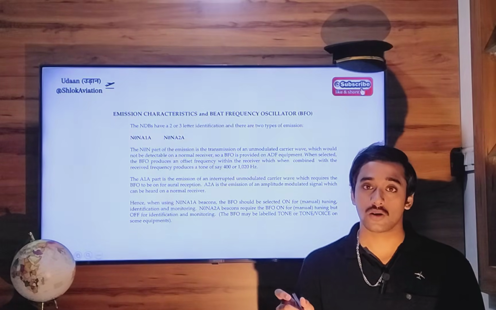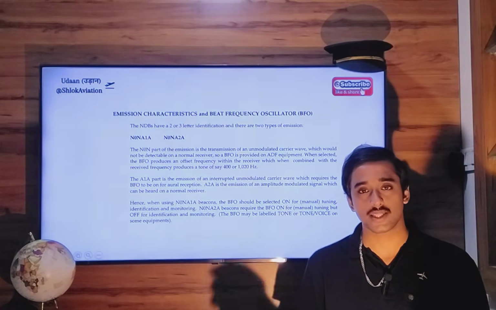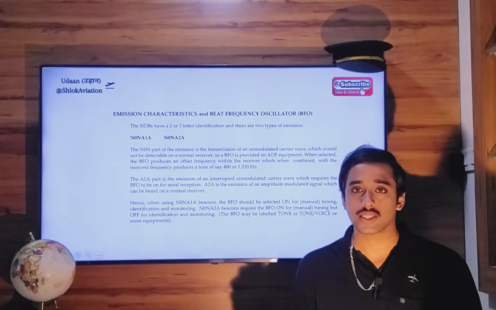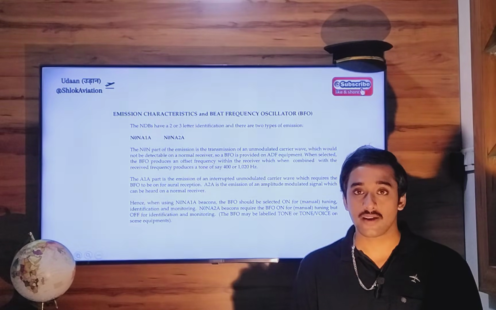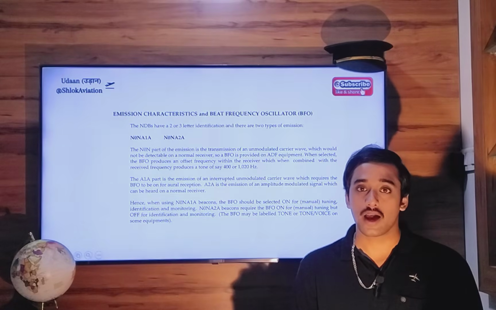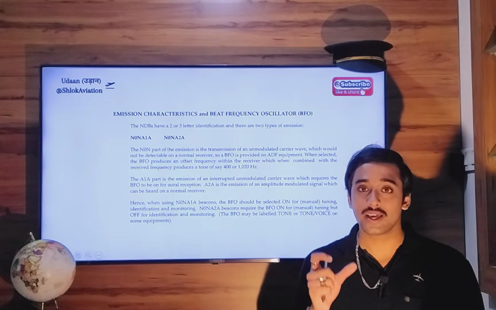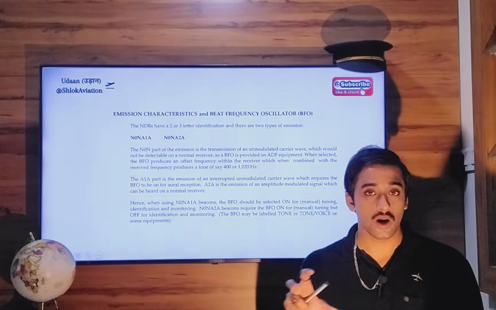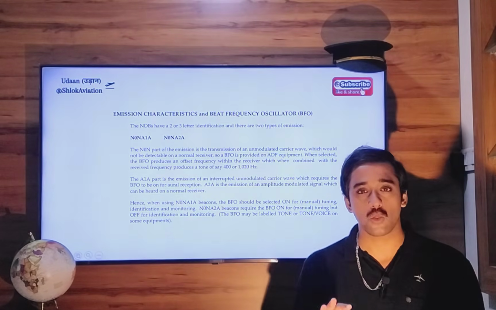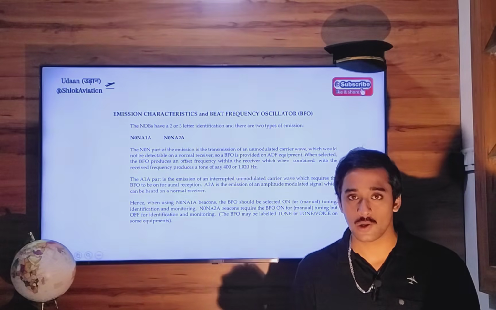Now the frequencies on which your NDB operates, that is starting from 190 to 1750 kilohertz. This main frequency band, these carrier waves. On this, you cannot identify or hear the identification of NDB stations which work in this frequency band from 190 to 1750 kilohertz.